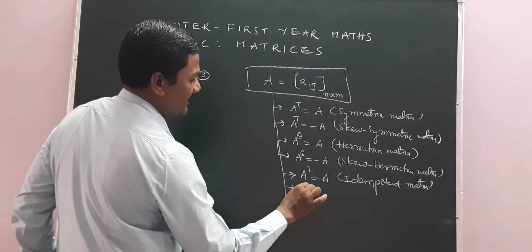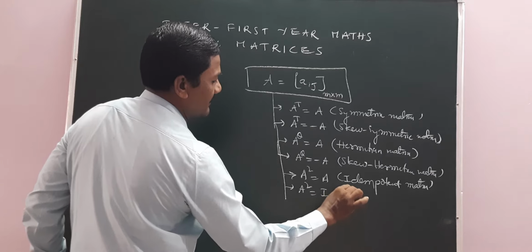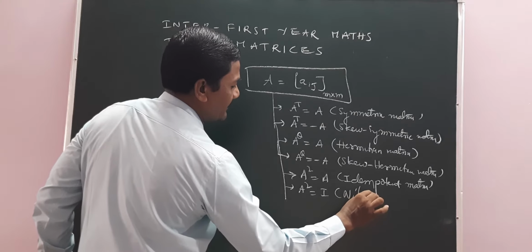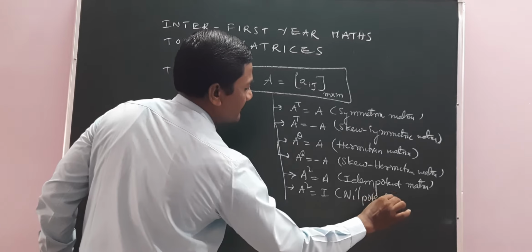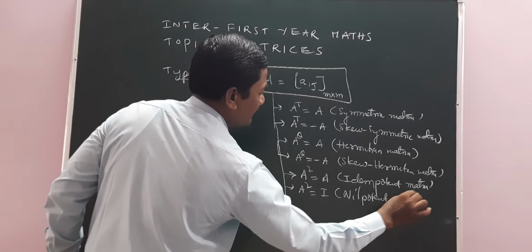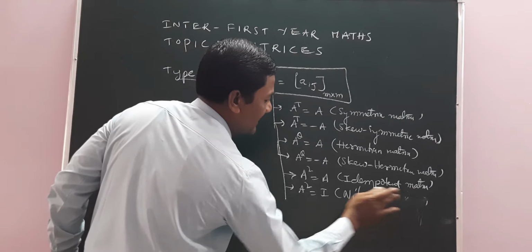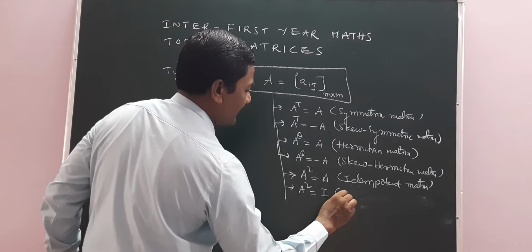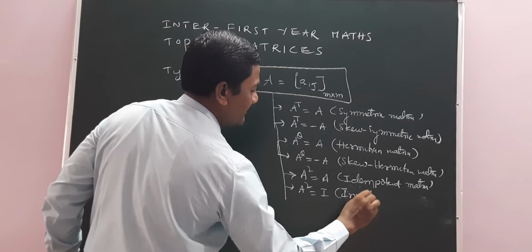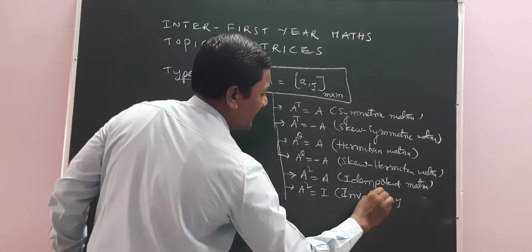A square is equal to I is an involutory matrix. Sorry, I said invaluatory; extremely sorry, it is an involutory matrix.